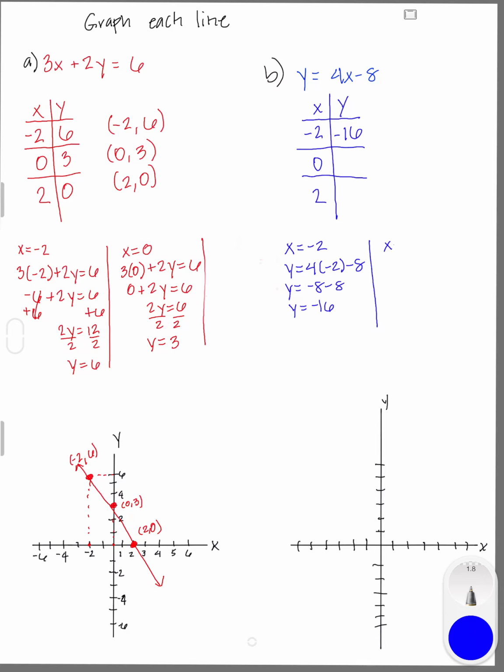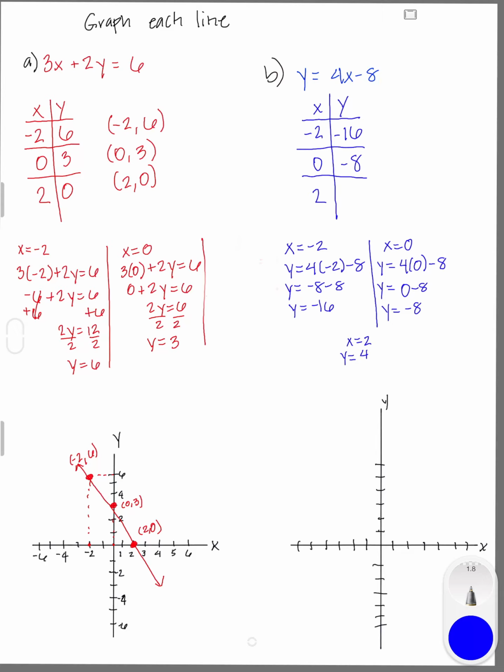Then x equals 0. So we will have y equals 4 times 0 minus 8. So y equals 0 minus 8, so y equals -8. The y value that corresponds to x equals 0 is -8. Now let's try when x equals 2.